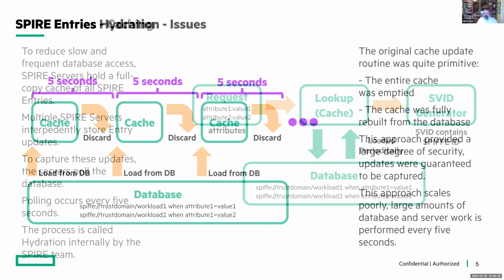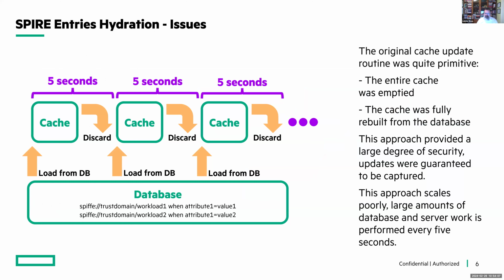So this concept of constantly loading the entire cache from the database and then discarding the entire cache, and then loading it again and discarding it again, is very CPU intensive and very network intensive, but you usually don't feel these kinds of pain points until you have an installation that grows to a very large number of SPIRE entries.